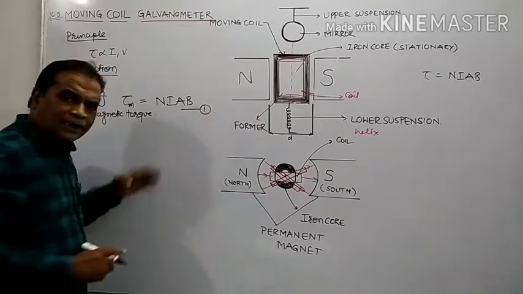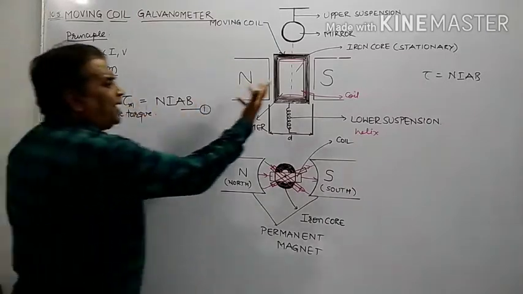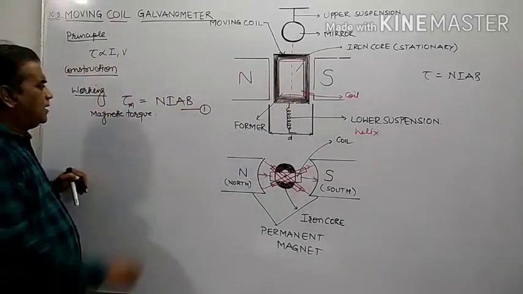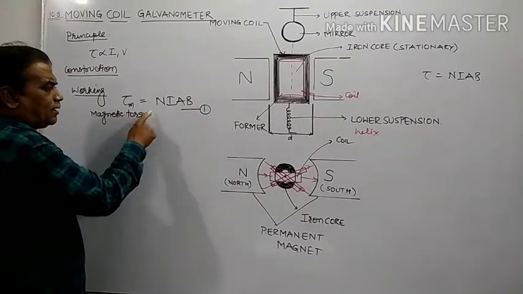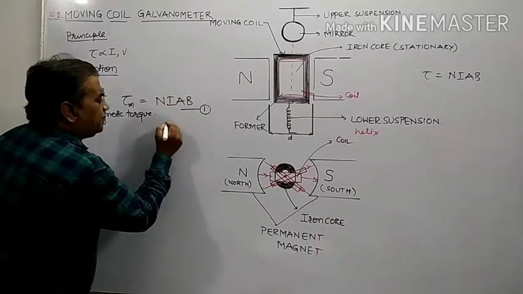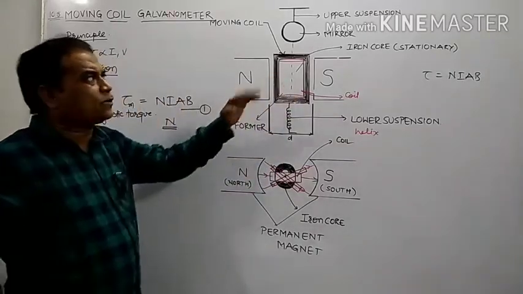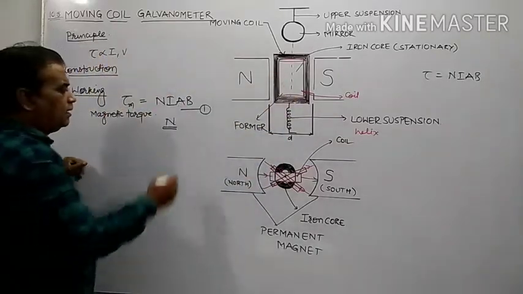Equation number 1. Already we had derived this. So the torque exerted by a magnetic field on a coil is the magnetic torque, and it is given by NIAB, where N represents the number of turns in the flat coil of MCG.